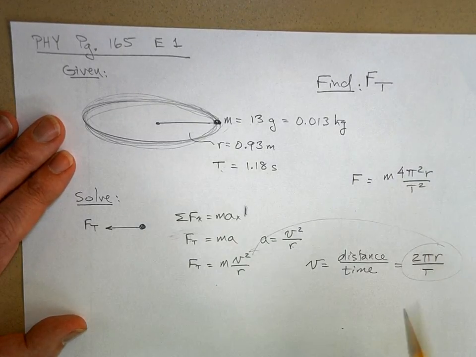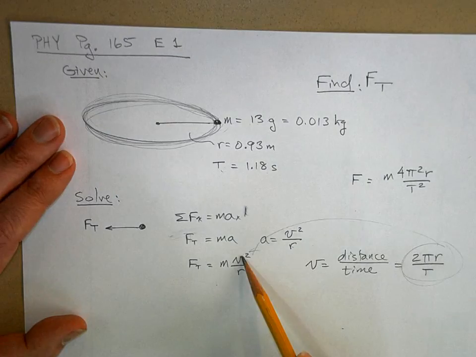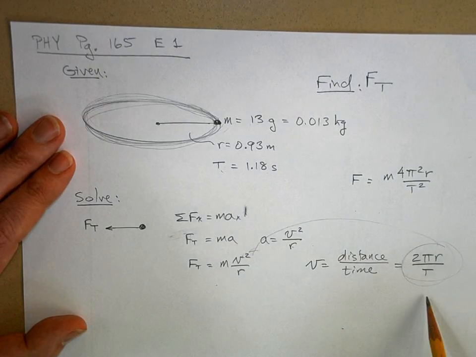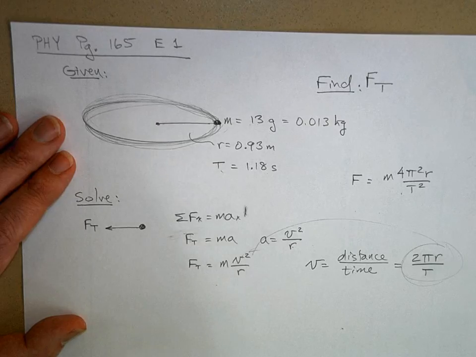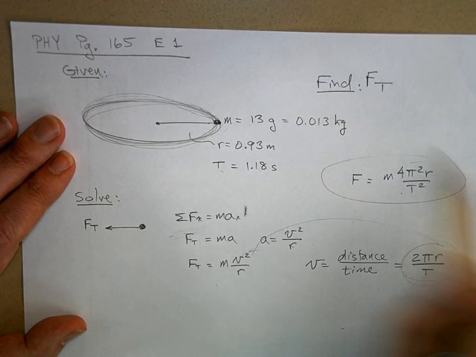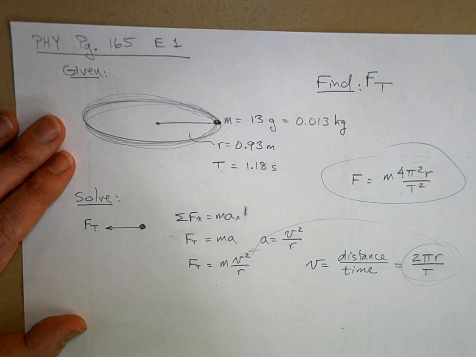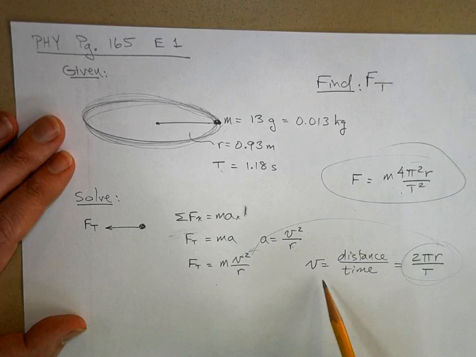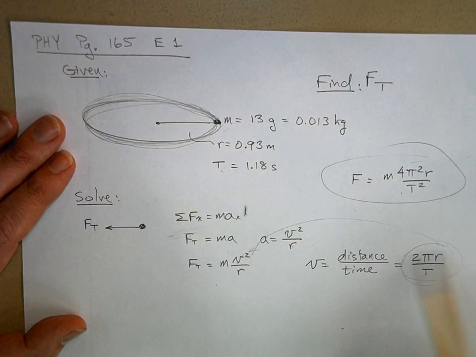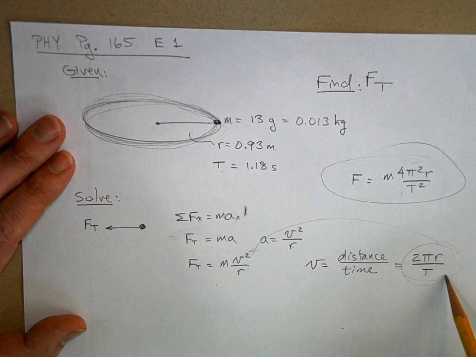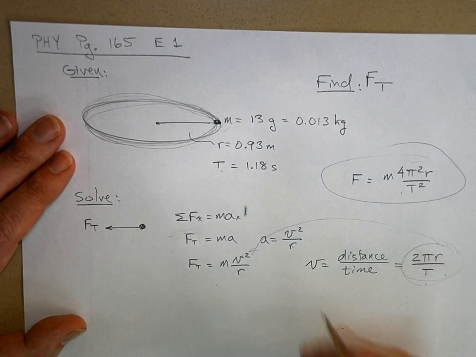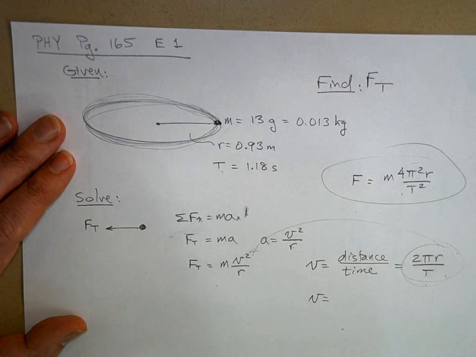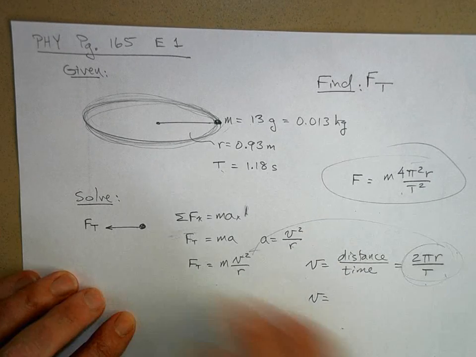If you substitute this in here, square everything, cancel stuff out, you get this. But this is a crazy equation and no one really gets it. People understand this: my speed is the distance over time, once around the circle, divided by the time it takes to go around once. We call that the period. So I always just calculate the speed separately and then substitute it in.